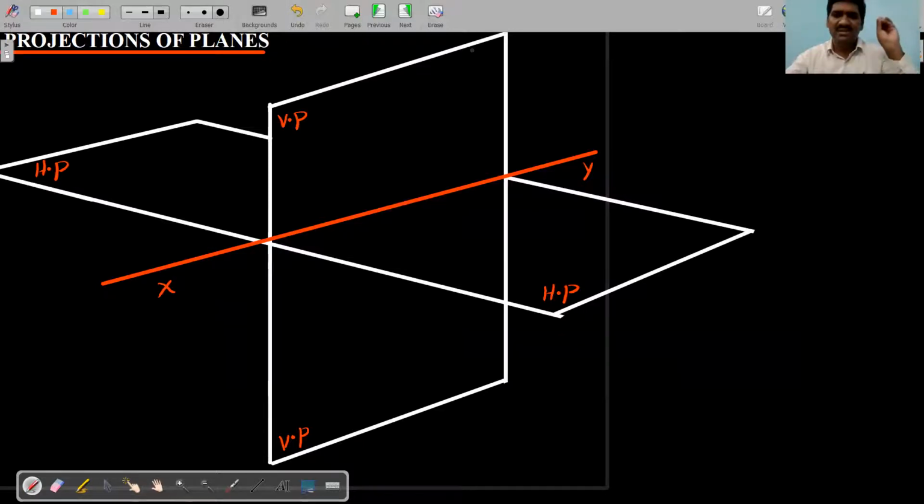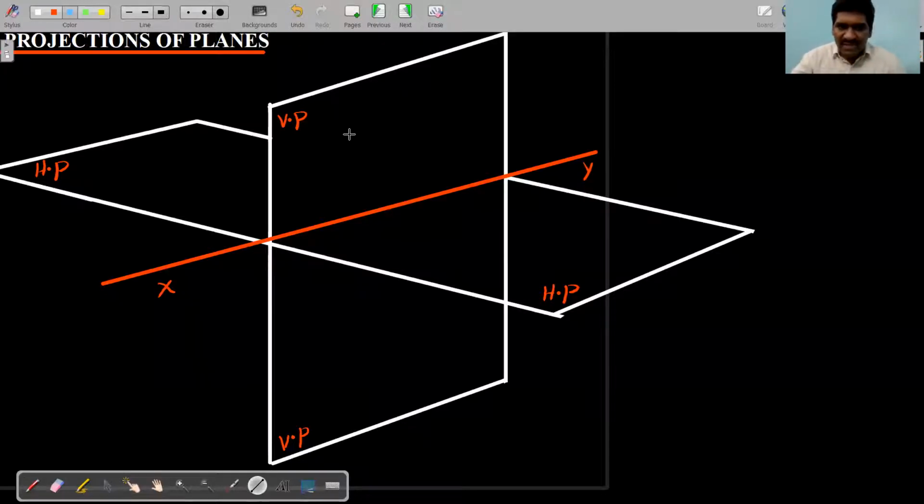If you understand this, solids will come easily. From this class you will definitely get one full question in the semester exam. For any branch, any college, any university in India, a projection of planes question is confirmed in the semester exam paper, for 14, 15 or 16 marks.